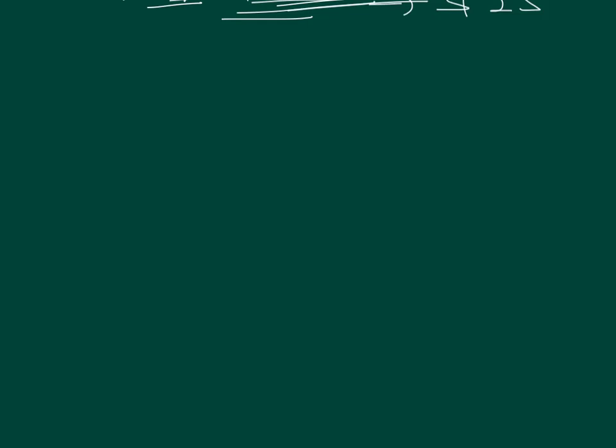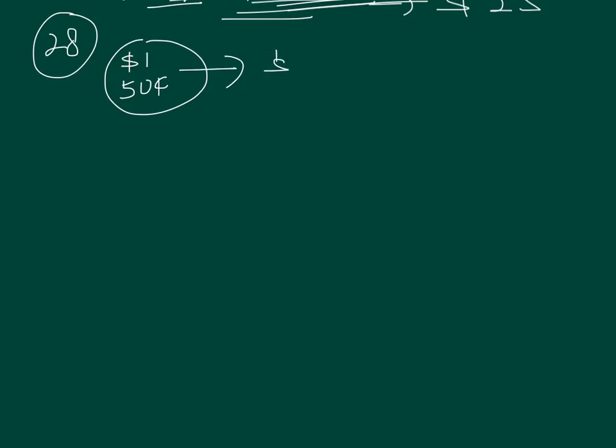Okay, we move on to question 28. Every time Cindy saves $1 into her piggy bank, her father puts another 50 cents into it. So this is like a set. You have $1 and you have 50 cents, so each set is actually $1.50.